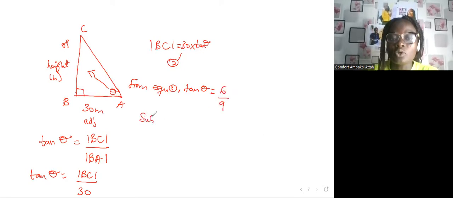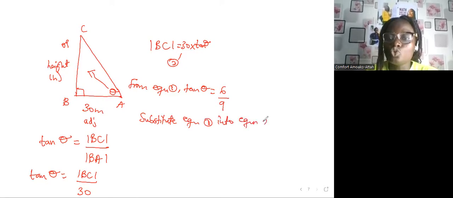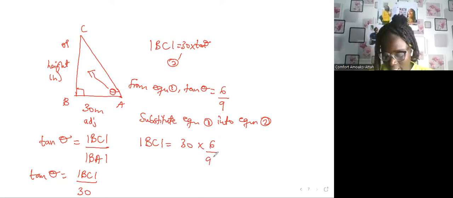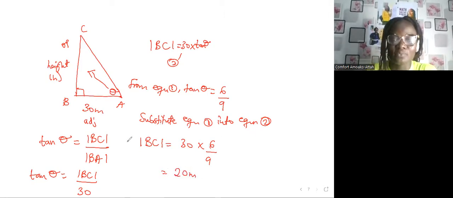So substitute equation 1 into equation 2, and that will give us line BC is equal to 30 times 6 over 9. And that will give us 20 meters by simple simplification.